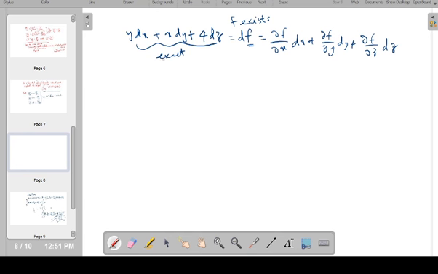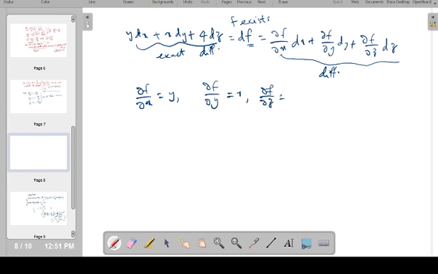So equate these two. This is also a differential form, and this is also a differential form. You can equate component-wise. So you will get dou f by dou x equal to y, dou f by dou y equal to x, and dou f by dou z equal to 4.